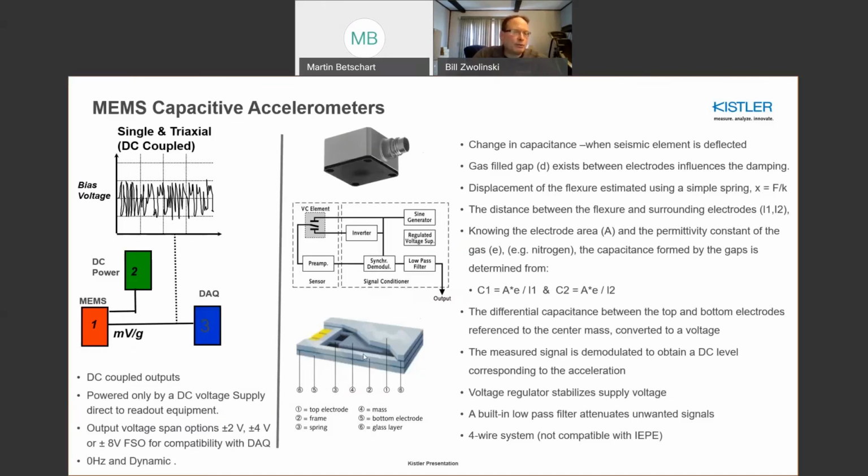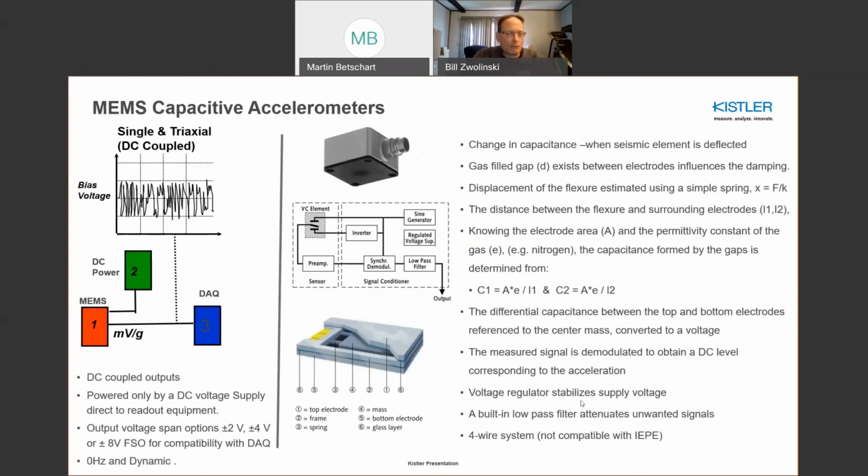As this moves under acceleration, you get a change of capacitance between the spring mass and the top and bottom electrode. That change of capacitance is directly proportional to acceleration. Then the unit is calibrated for that, and you're getting millivolts per G out of such a sensor.